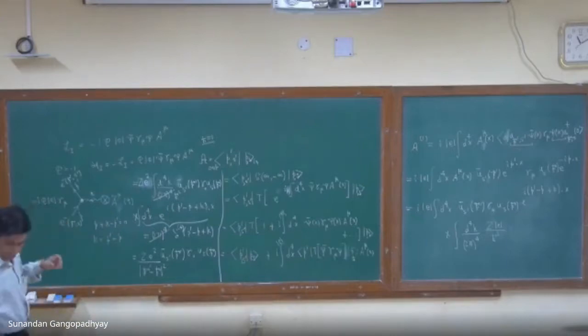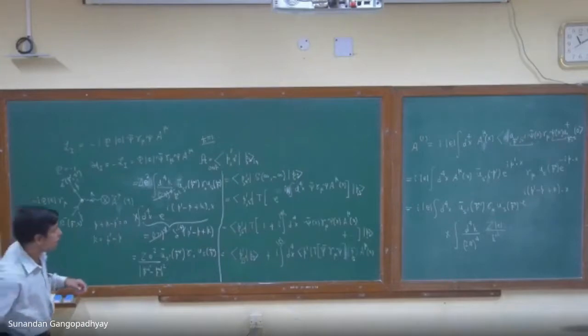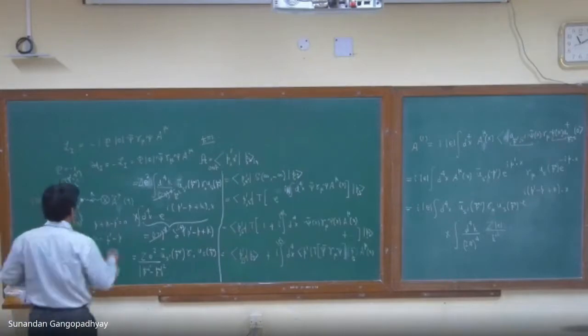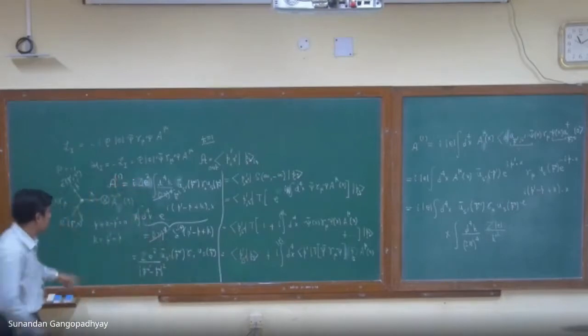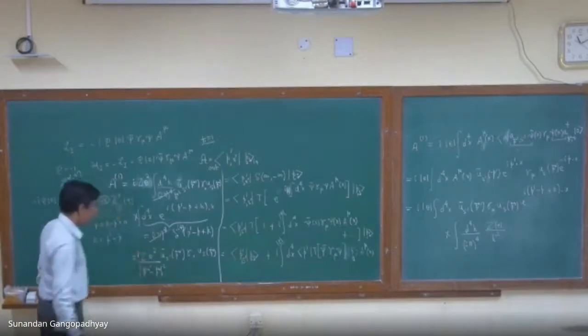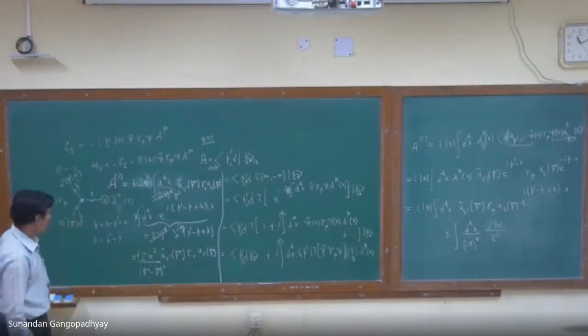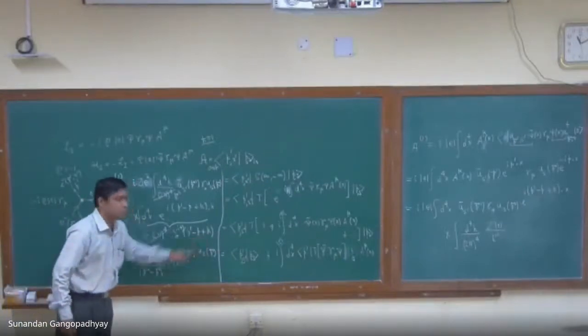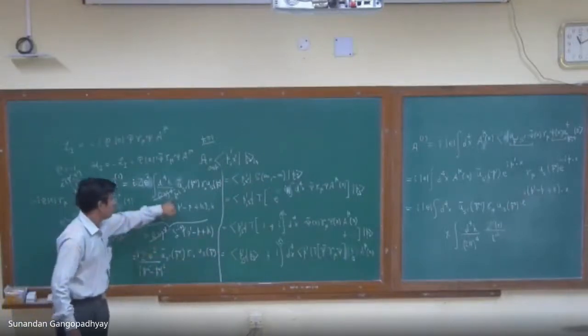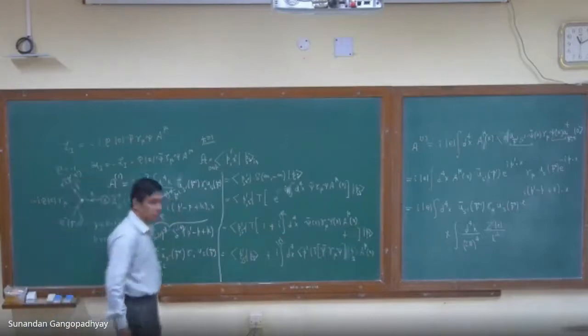I missed an i, I think. There will be an i here. So A1 will be i times this. The d^4k is a Dirac delta function. So you replace k by p prime minus p, this k vector square. So that gives you this factor in the denominator.